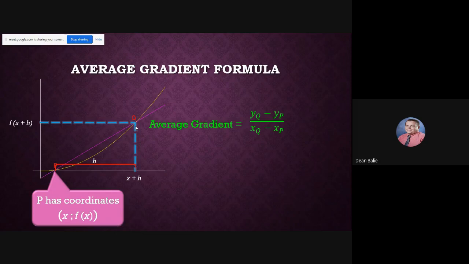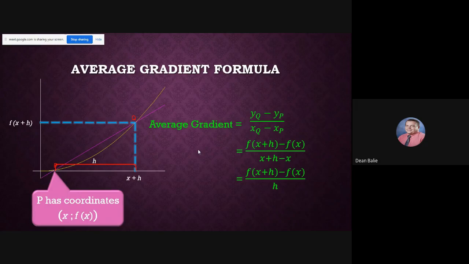So if we substitute what we know are the coordinates of these 2 points into this little formula, we should get the change in y, which is f at x plus h, minus f at x, over x plus h, which is the x coordinate of Q, minus x, which is the x coordinate of P. That then we can simplify just to read as f at x plus h minus f at x, all over h.